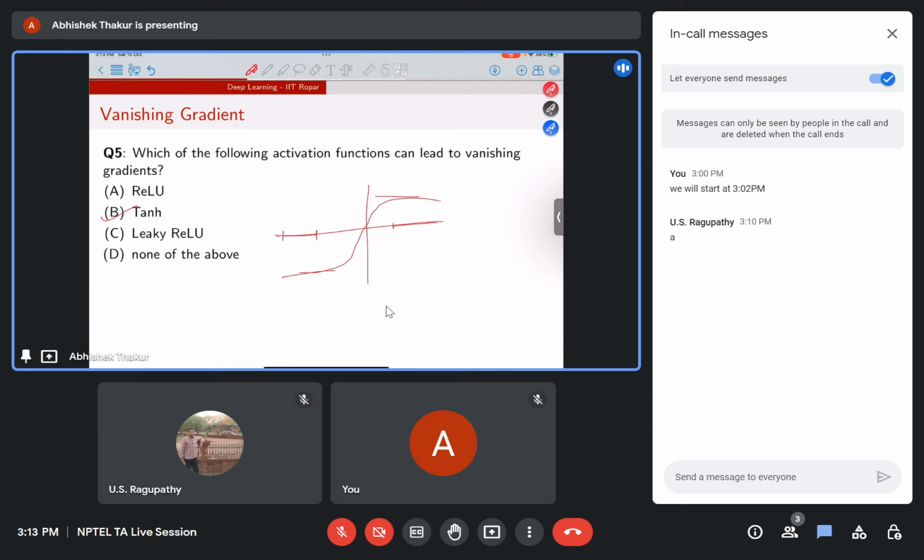When the gradient becomes 0, the change at the next time step will be very low, and this leads to the vanishing gradient problem. In ReLU, it will not happen. In the negative part the gradient is 0, but in the positive part the gradient changes linearly. So the correct option is tanh.